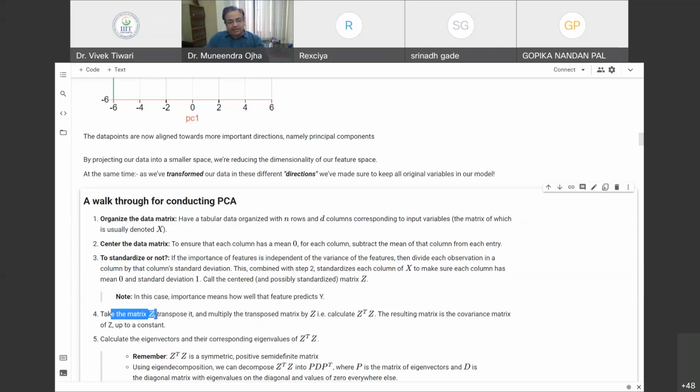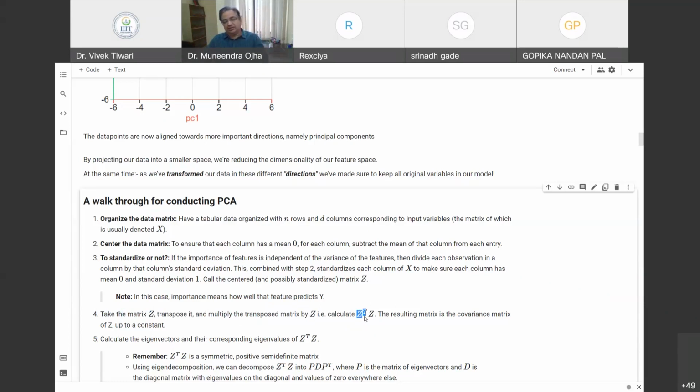Take the matrix Z and transpose it. So now from X we have obtained matrix Z. Matrix Z is centered and possibly standardized. So if matrix Z is there, we transpose it and then we obtain ZTZ. ZTZ is what we discussed in the previous class when I was talking about singular value decomposition, that when a matrix is multiplied with its transpose, there are several properties.